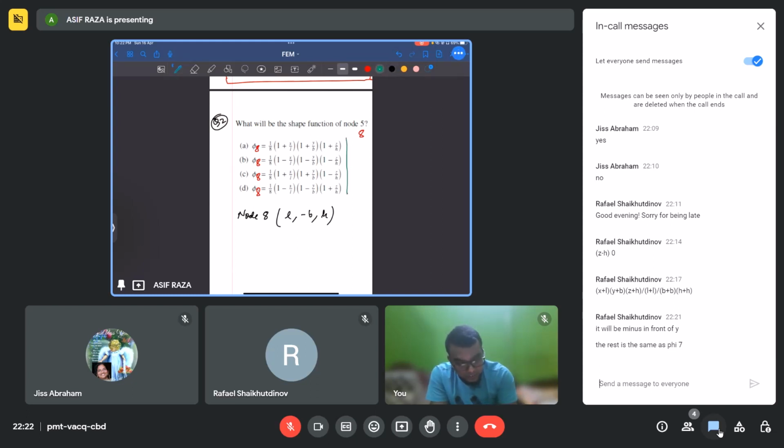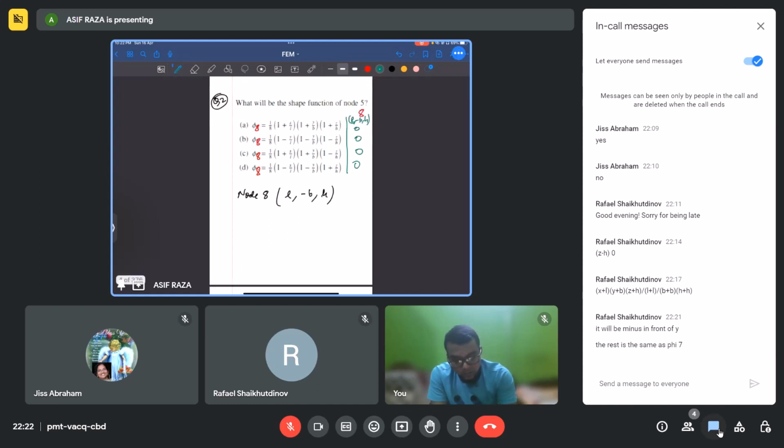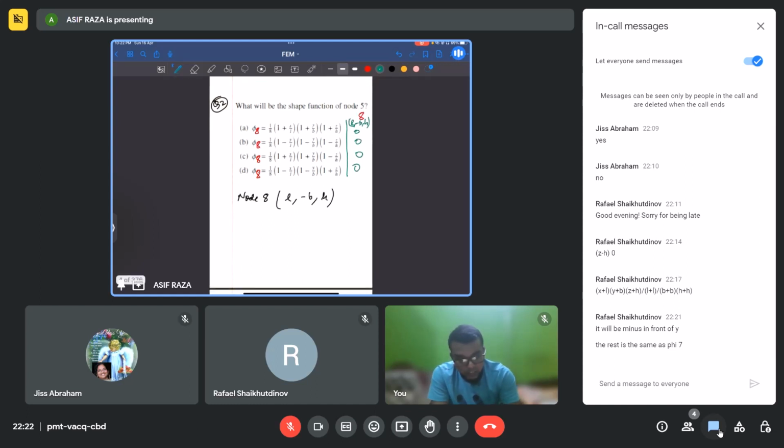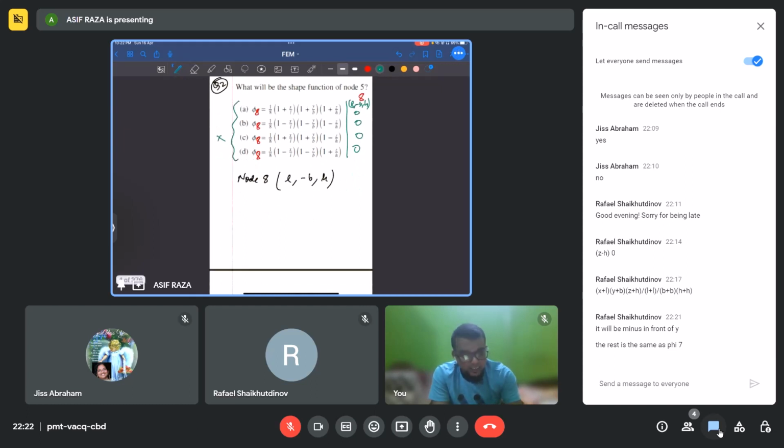Let me check. L comma minus B comma H. So if we substitute here, L, this will give me 0. This will give me 0. This will give me 0. And this will also give me 0. So out of these, no options are correct.